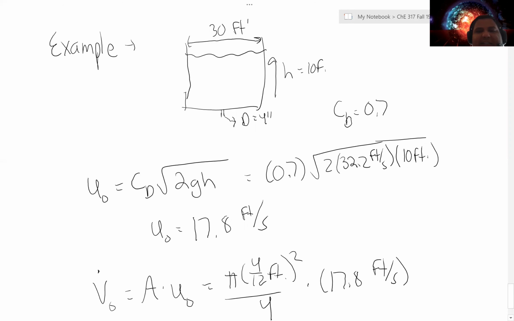If I was going to completely drain the tank, what's going to happen to the velocity over time? It will decrease. And so essentially the time it takes for the height to go from 10 feet to 9 feet is going to be less than the time it takes for the water to get from 9 feet to 8 feet.